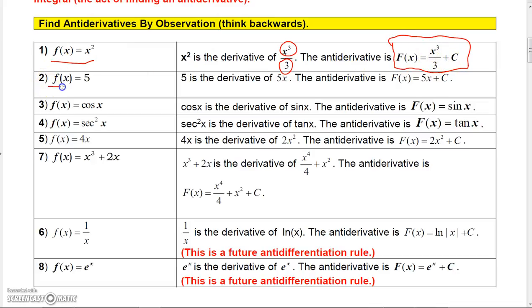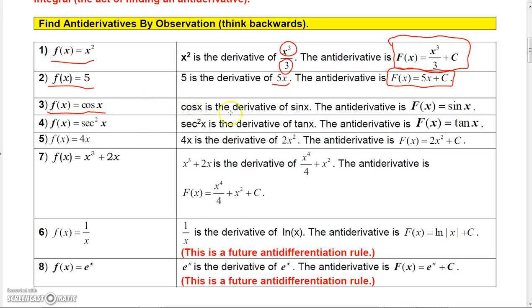This one's not nearly as difficult. You know that 5 is the derivative of 5x. So since 5 is the derivative of 5x, we can let our antiderivative be 5x plus any constant. Now you also know that cosine x is the derivative of sine x.